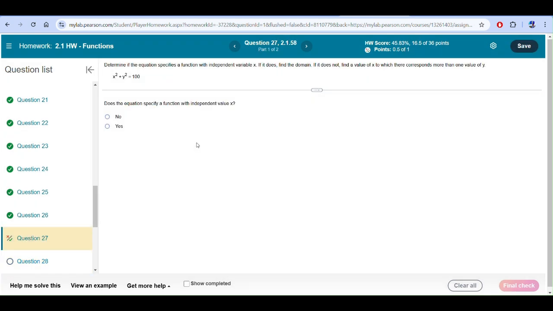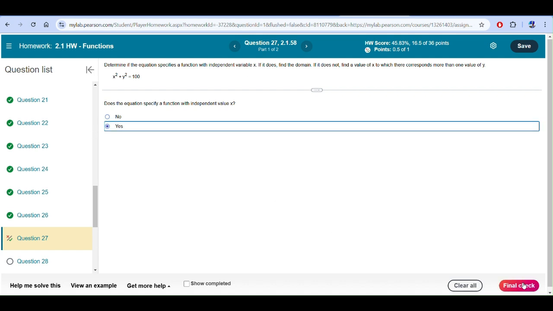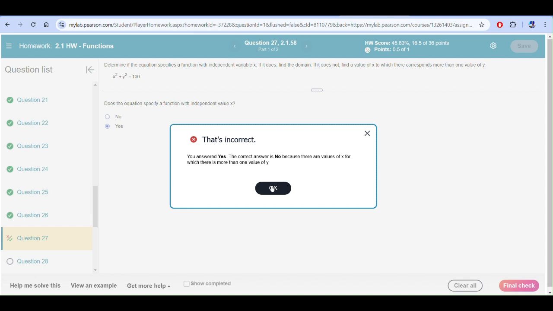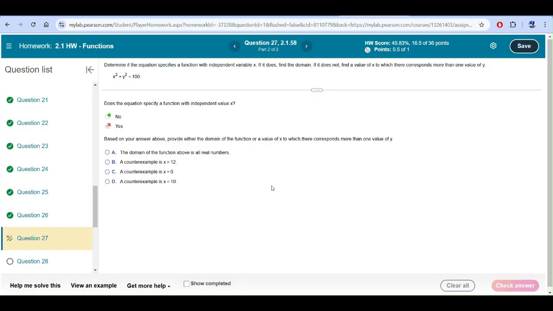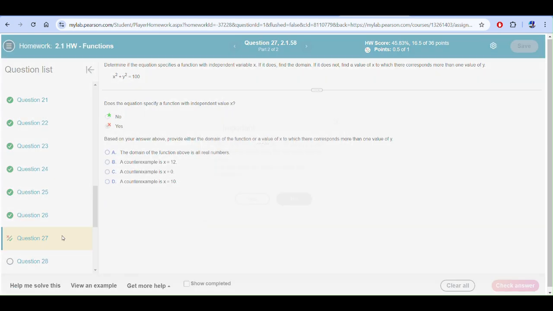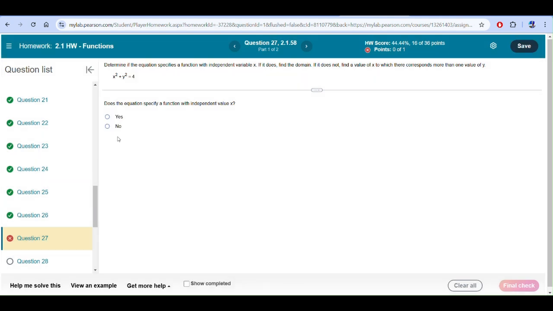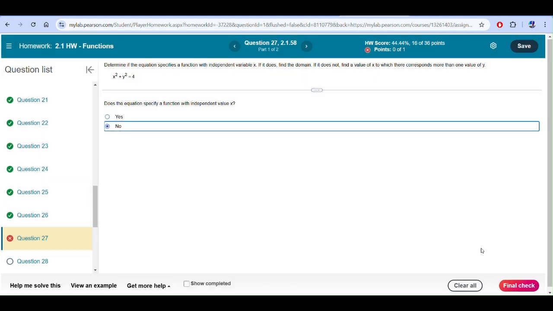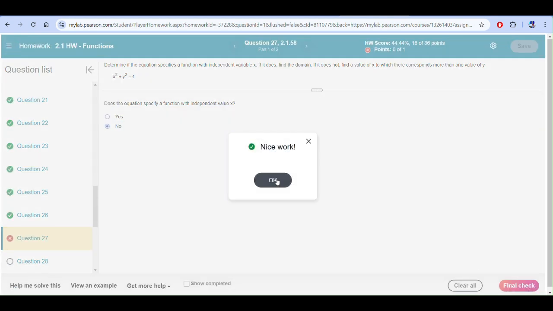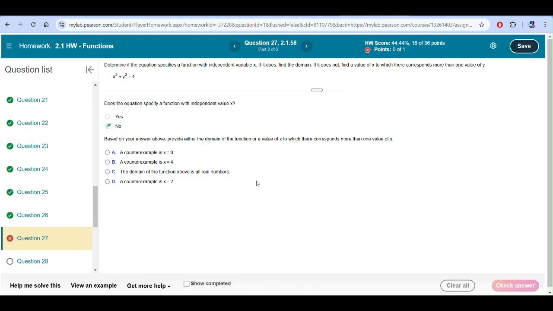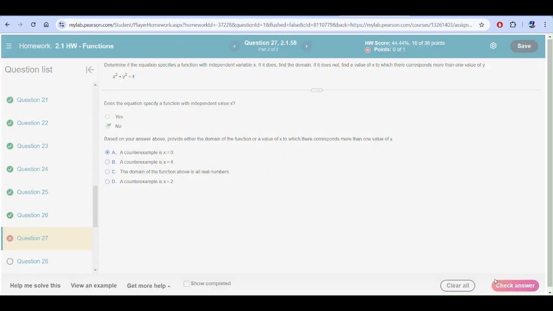I didn't get that question. Determine if the equation specifies a function with independent variable x. So does it have an independent variable x? Yes. I don't remember what I did now. Does it have an independent variable x? No. The counterexample is 0.